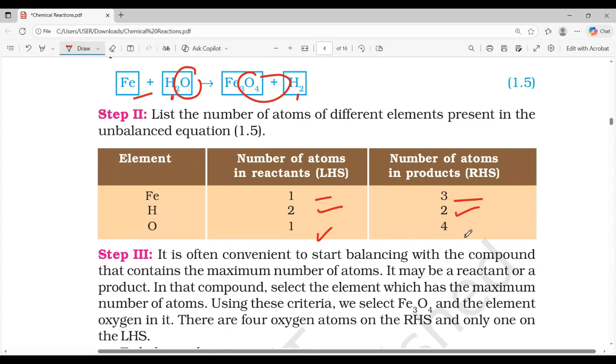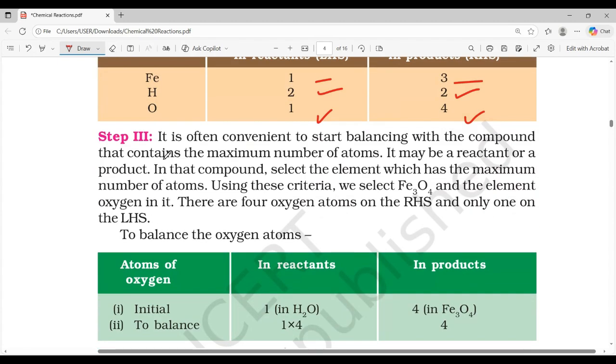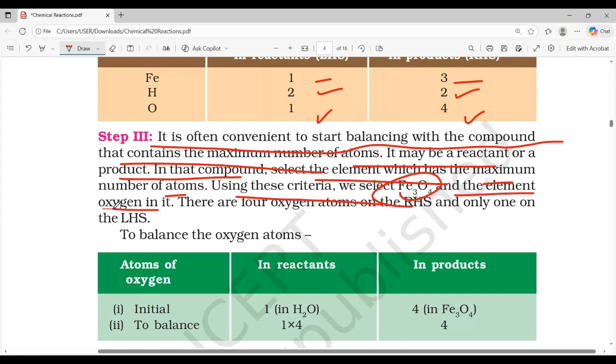Now step 3 is, it is often convenient to start balancing with the compound that contains the maximum number of atoms. It may be a reactant or a product. In the compound, select the element which has the maximum number of atoms. Using these criteria, we can see that in iron oxide, the element oxygen has four oxygen atoms.